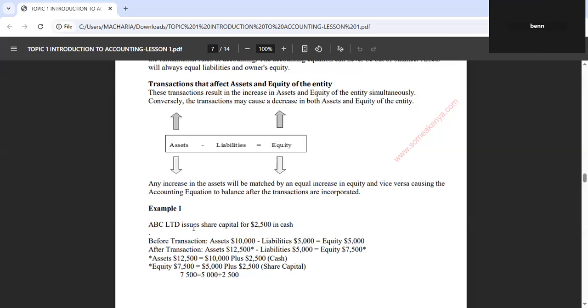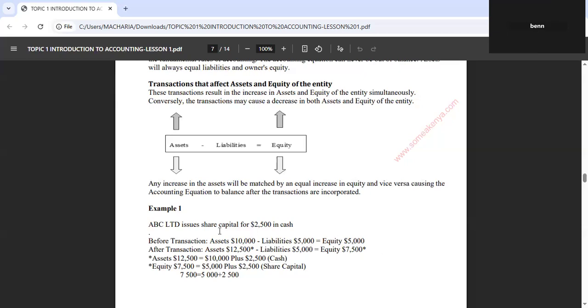So if you buy additional shares in cash, your assets become 12,500. They were initially 10,000, but you have added cash of 2,500. They are now 12,500, but it has not affected your liability. So what is going to increase is your equity.